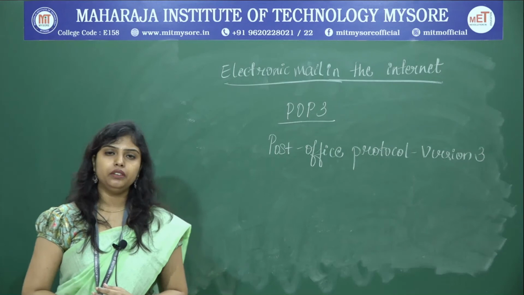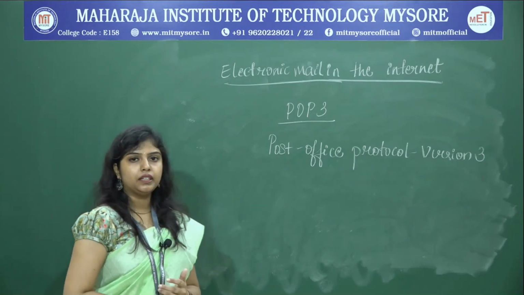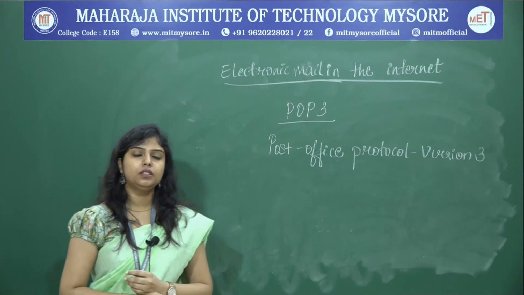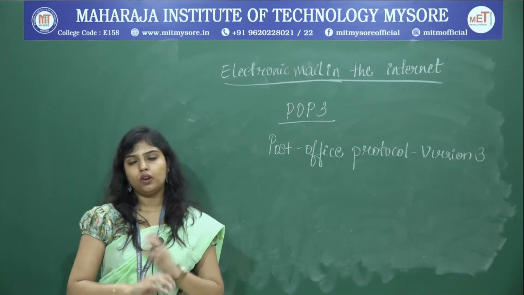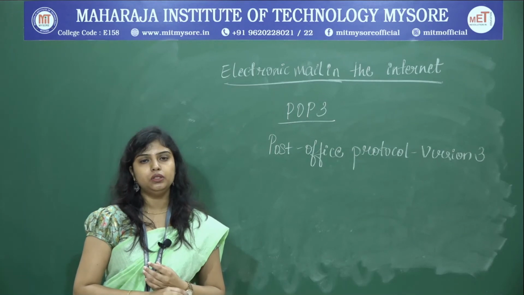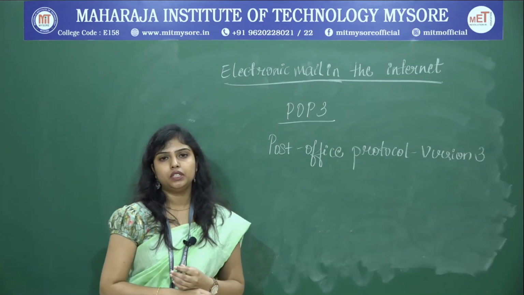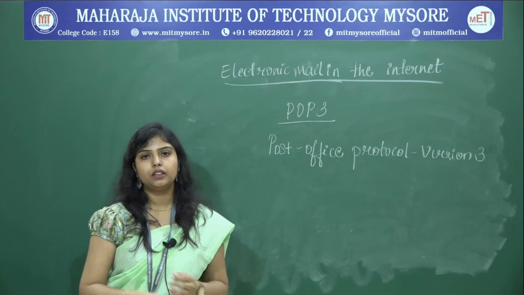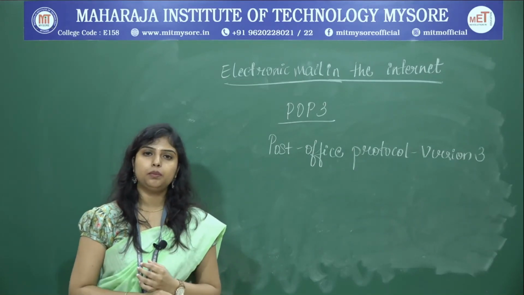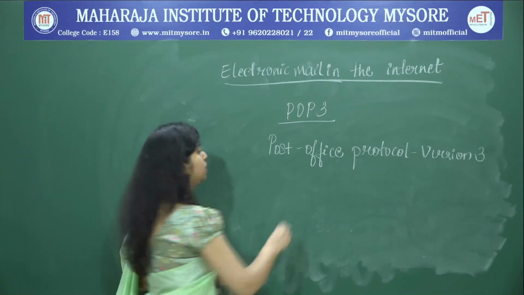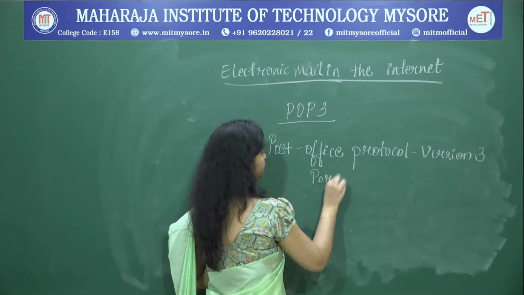So, let us study in brief POP3, that is Post Office Protocol version 3. This protocol is very simple and not complicated to use. How it works: POP3 will establish a TCP connection with the client.